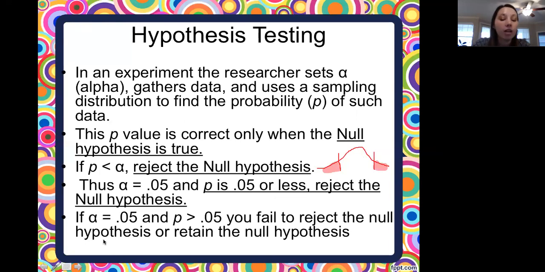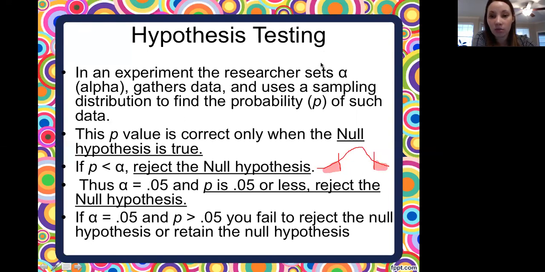However, if we have an alpha level of 0.05 and a p greater than 0.05, we retain the null hypothesis. So if we get data here, we retain; if we get data in the red shaded region here, we reject. It's basically how the p and alpha level work together.